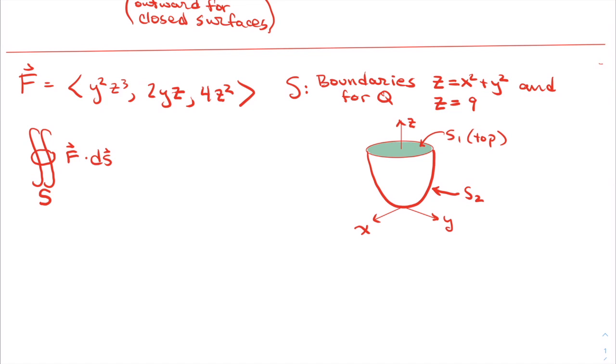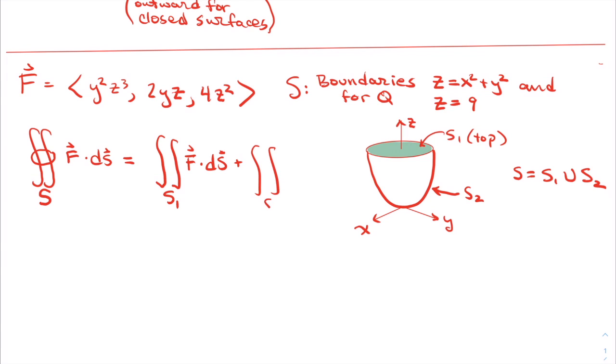This closed integral over S, and S is the union of S1 and S2. So this double integral over S is going to have to be broken into two: one over S1 of F dot dS, plus another surface integral over S2 of F dot dS.